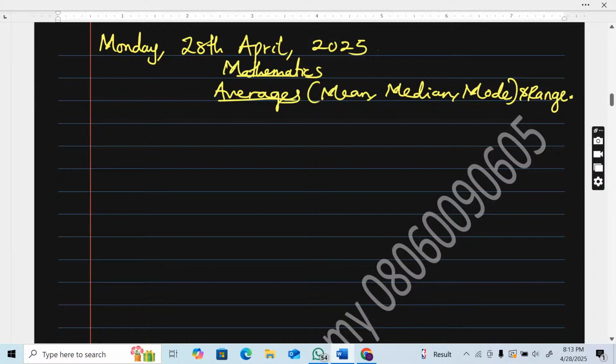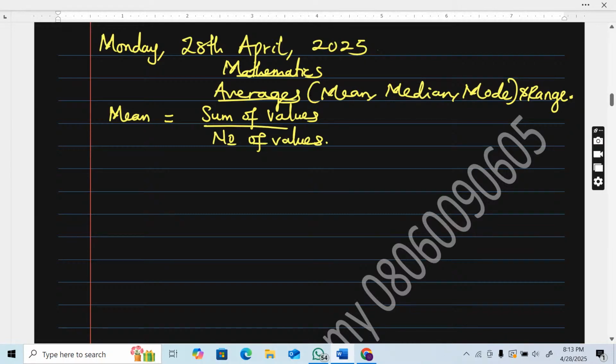Now, mean is one of the averages, and you can get the mean of a set of numbers by adding up all the values. Mean is equal to sum of values divided by number of values, which is to say that if you have a given set of data, you can find the average.